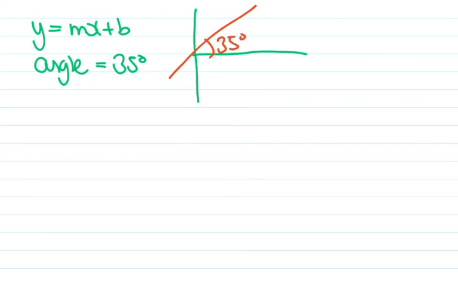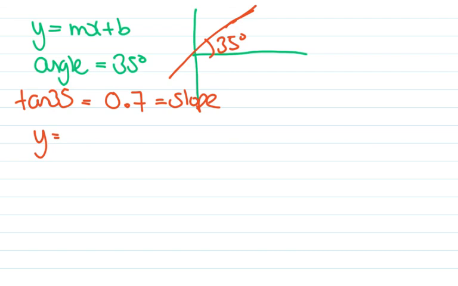In order to put this in y equals mx plus b form, I'll need the slope. We just learned that you can find the slope of this red line using tan of this angle. So if we do tan 35 on your calculator, that will give you 0.7. So the slope is 0.7. So far I have y equals 0.7x plus b.